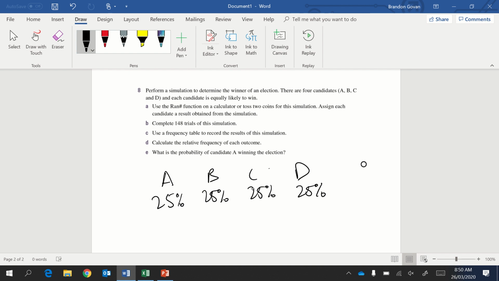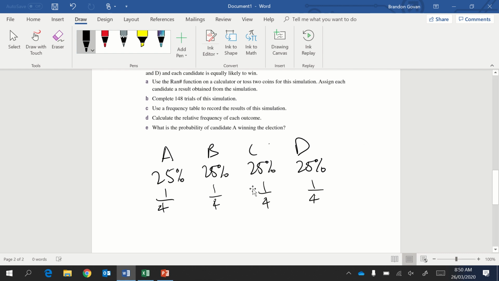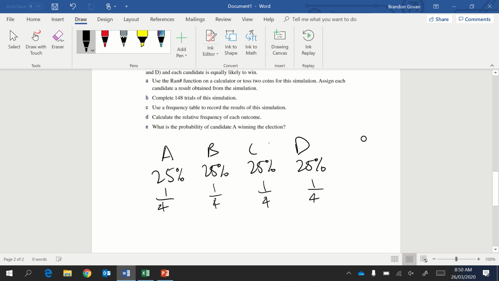And 25% translates to 1 over 4. So this is important for what we're going to do next.